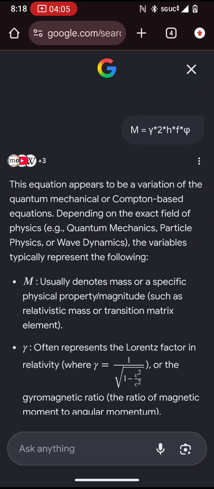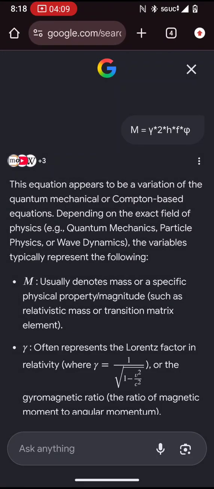Let me break it down like this. When a photon first is shot out, it might be a circle. It might have a sphere as a photonic structure. That sphere, it's not solid.